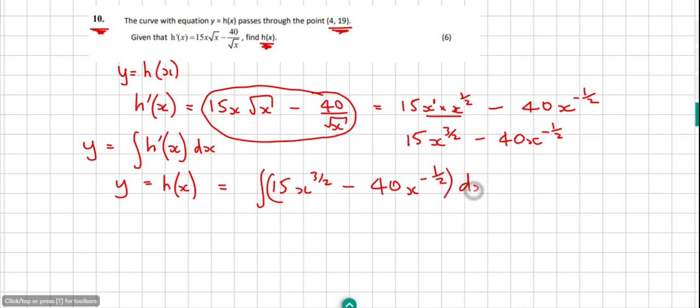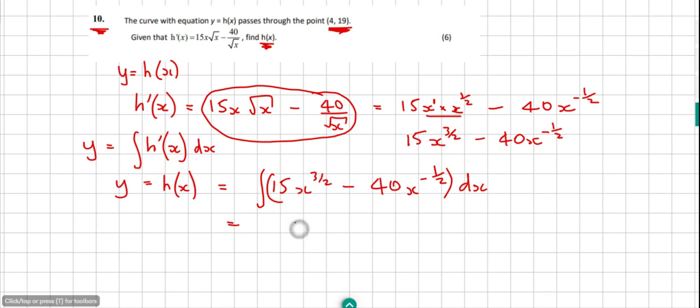And we're doing an indefinite integral at the moment because we don't have limits for this one. What we do have is the point that it's going to pass through, but we're going to integrate this as an indefinite integral. So we can follow the usual procedure. We raise the power by 1 and divide by the new power. If we raise the power by 1, it becomes 5 over 2.